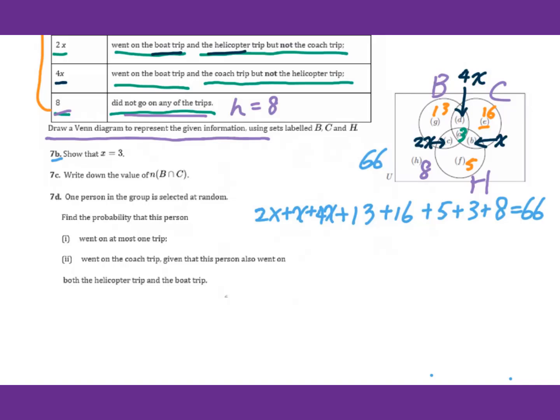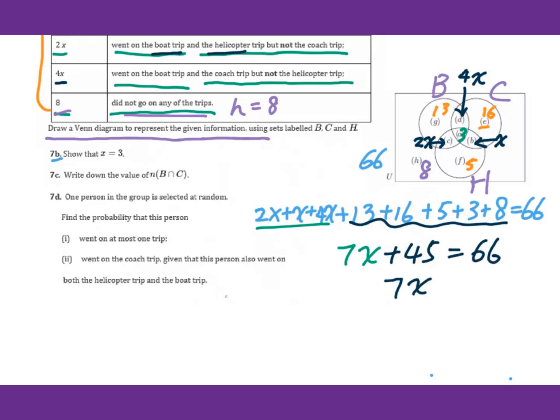We solve this linear equation. Here is 7x. We add these numbers together: we have 45. 7x plus 45 equals 66. 7x equals, subtract 45, that's 21. Therefore, x equals 3. When you say show that x equals 3, just solve for x. Then your answer will be x equals 3.